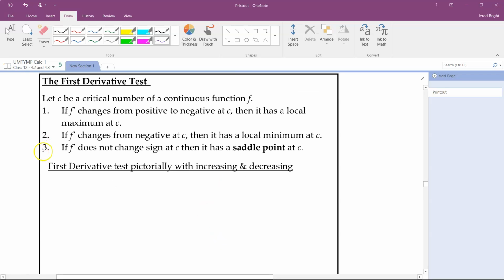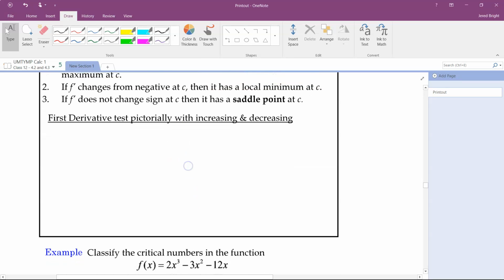And then lastly, if f prime does not change sign, then it has a saddle point. So what that third case would look like is if we have a sign chart where here's your critical number, and f prime and f, we have minus, minus, minus, minus, and so it just decreases, then it stops, and then it continues decreasing.